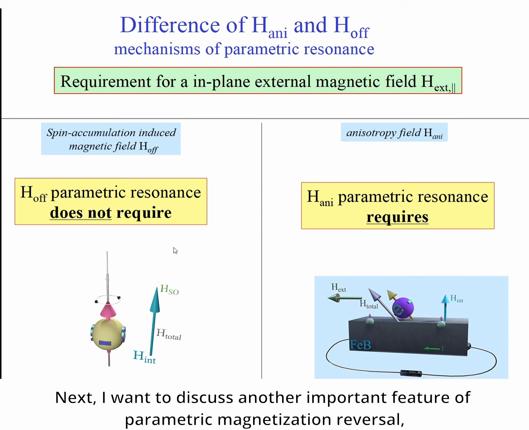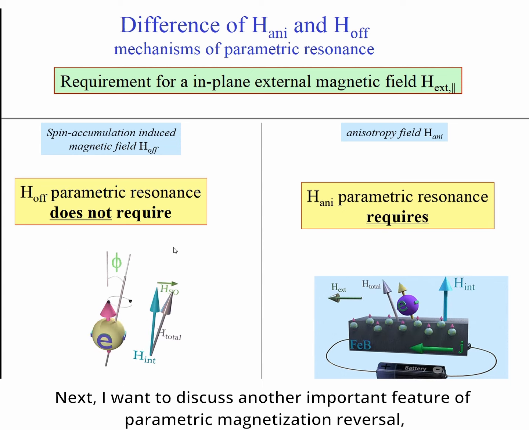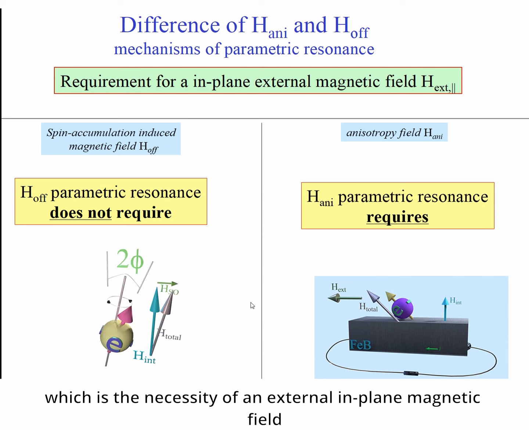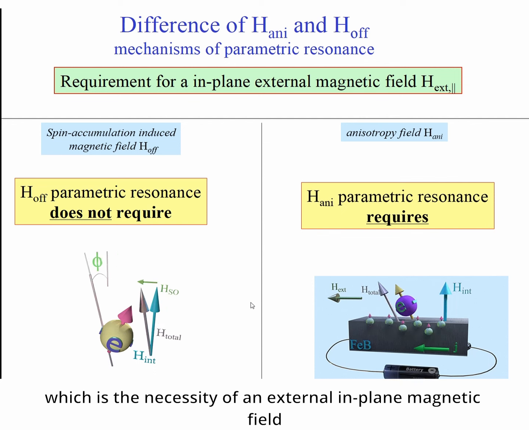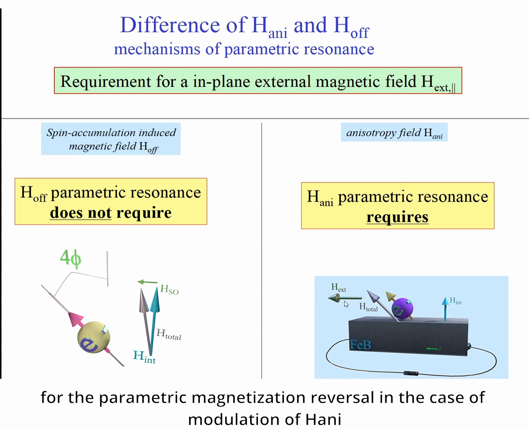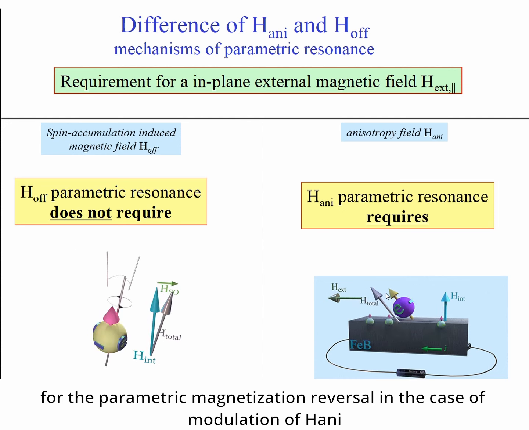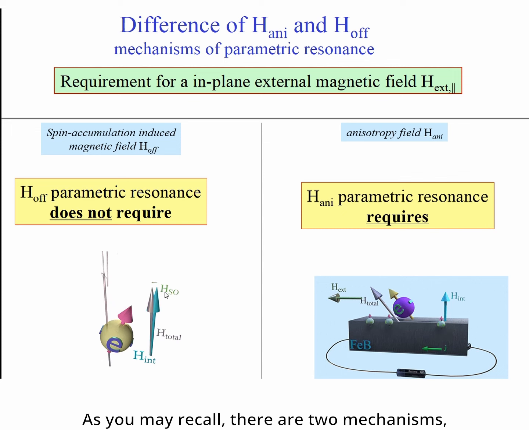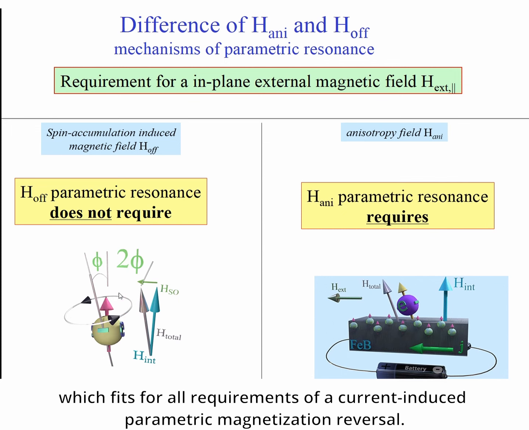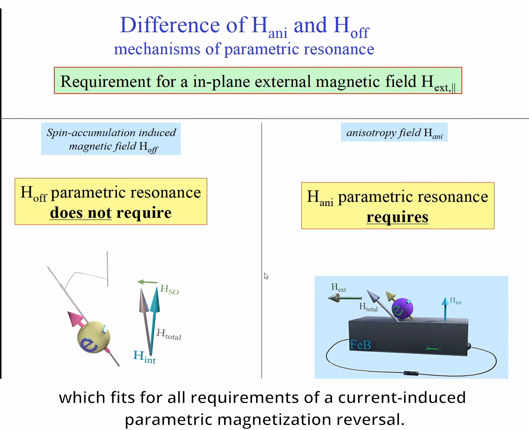Next, I want to discuss another important feature of parametric magnetization reversal, which is the necessity of an external in-plane magnetic field for parametric magnetization reversal in the case of modulation of anisotropy field. As you may recall, there are two mechanisms which fit all requirements for current-induced parametric magnetization reversal.